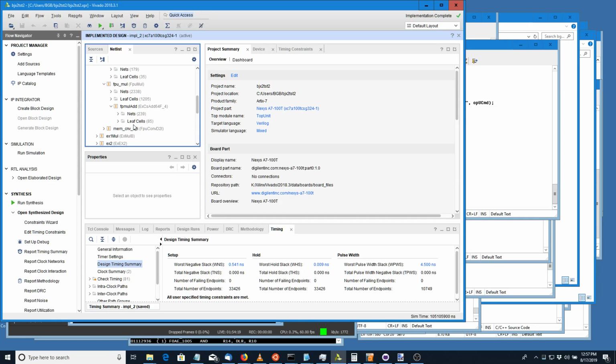Similarly, there's integer divide, but I could make that faster, but it's not enough of an issue to justify it.